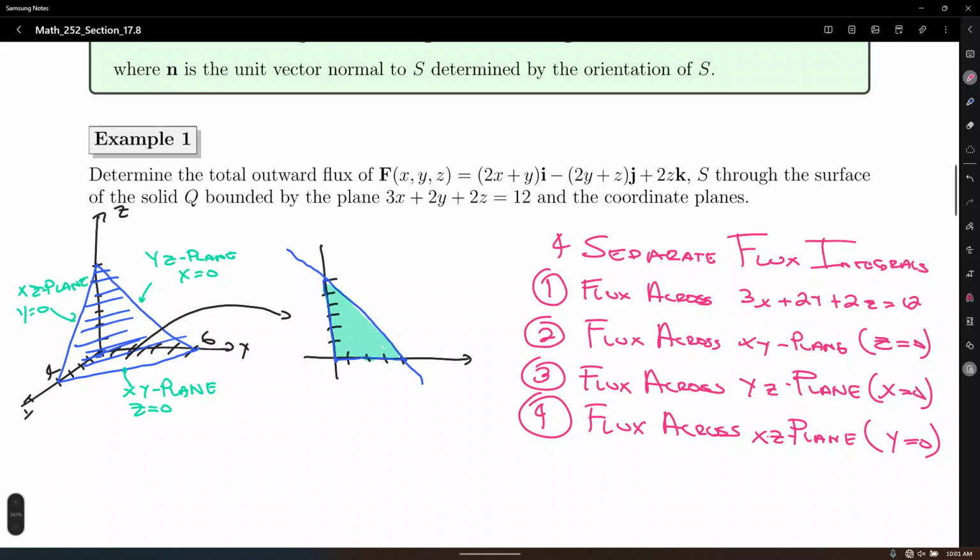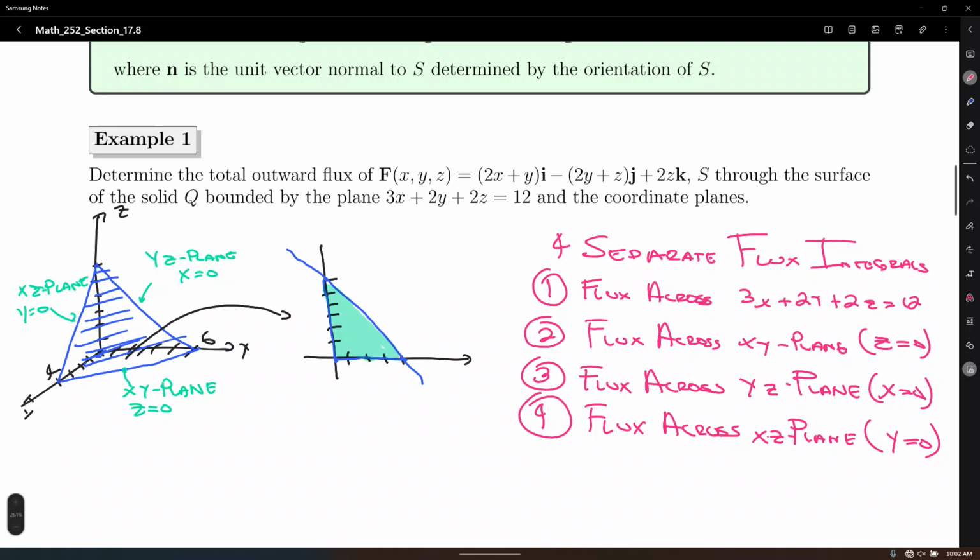Think about this. Do you really want to do that? Do you really want to set up 4 double integrals to find the flux across each of those planes? You don't want to do that, right?